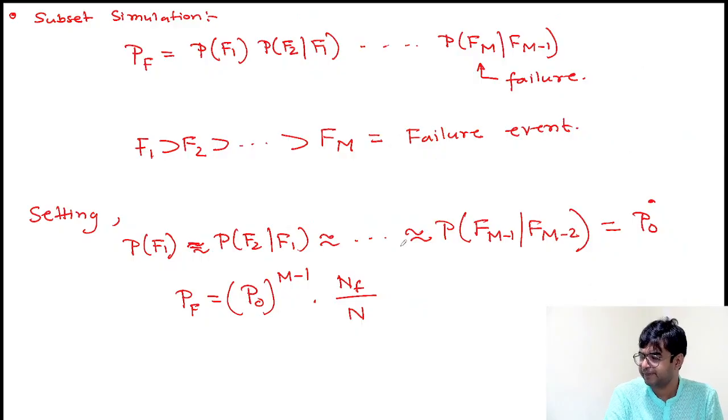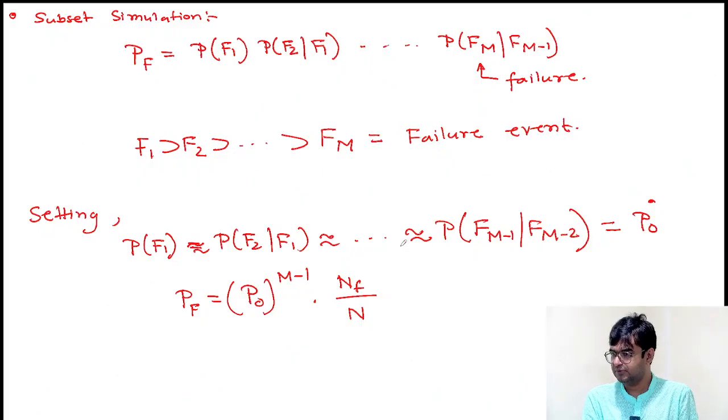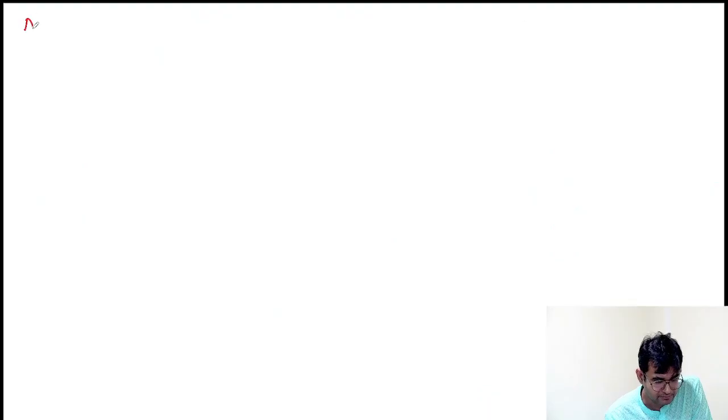Now let me write the algorithm once more, because there are certain automation aspects that I did not mention as we were ending the lecture yesterday. Then we will go into how to sample from this conditional distribution. But writing the algorithm once more is important. So, the algorithm.